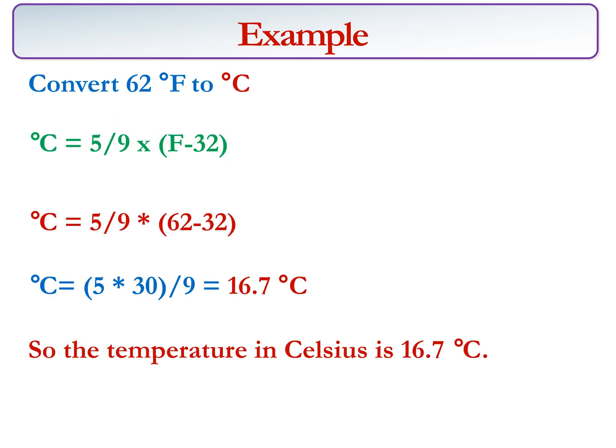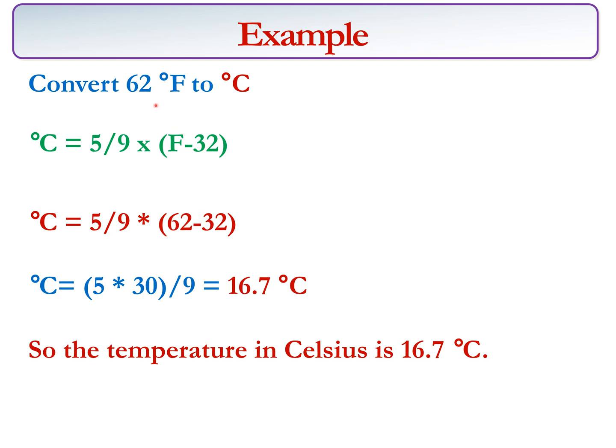Let's have a look at this example. Convert 62 degrees Fahrenheit to degrees Celsius. First of all, we write the formula for converting to degrees Celsius, which is degrees Celsius equals 5 divided by 9 multiplied by (degrees Fahrenheit that you are given minus 32).